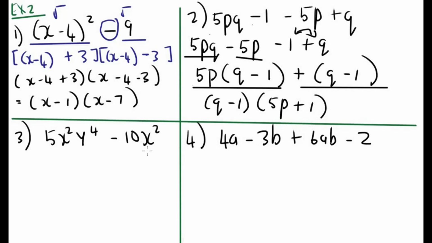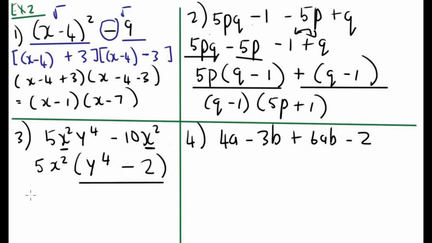Right. Over here, I can see this is going to be, once again, its highest common factor. So for my numbers, it's 5. And my lowest degree over here is x squared. I don't have a y in the second term. And I'm left with y to the power 4 minus 10 divided by 5, so that gives me 2. But now I can see, guys, they have got a difference of 2 squares.